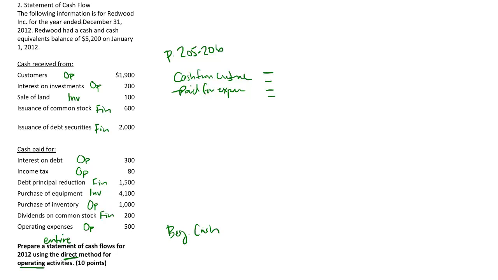Beginning balance was $5,200. So you want to figure out the change and the ending cash on this particular problem.